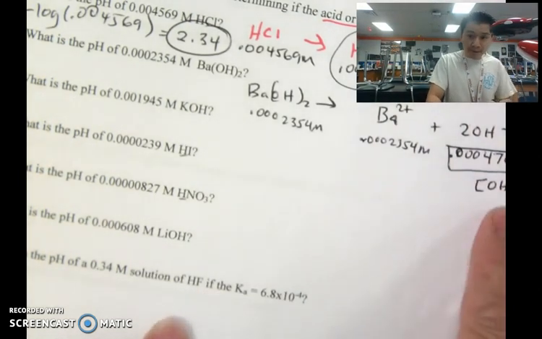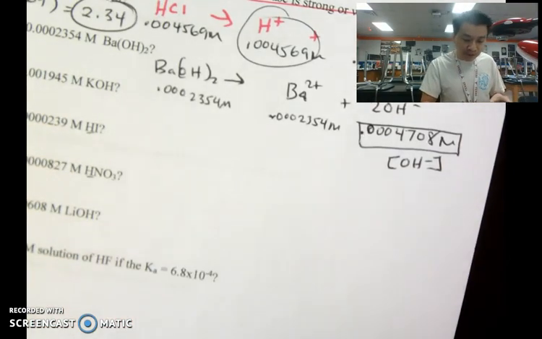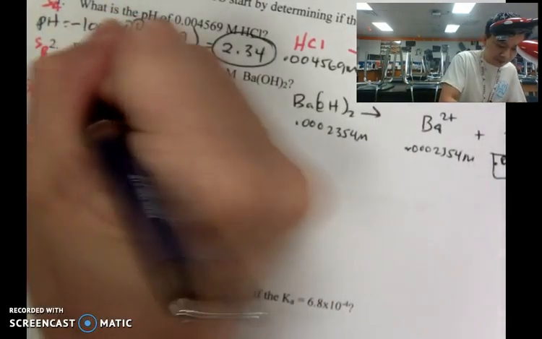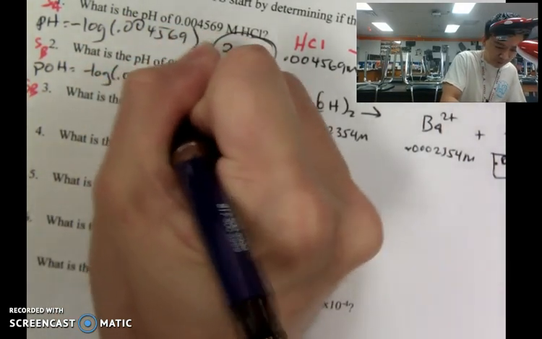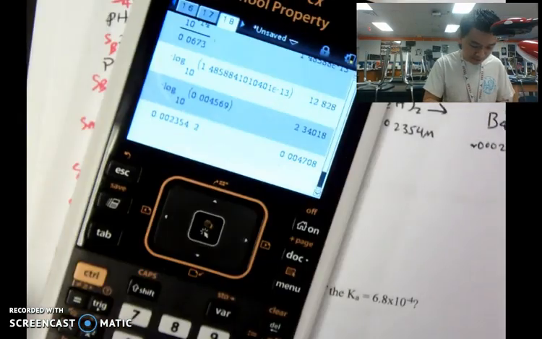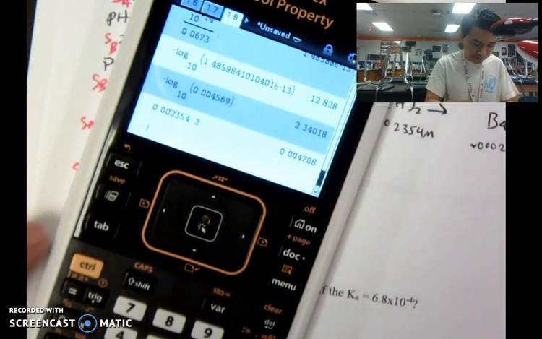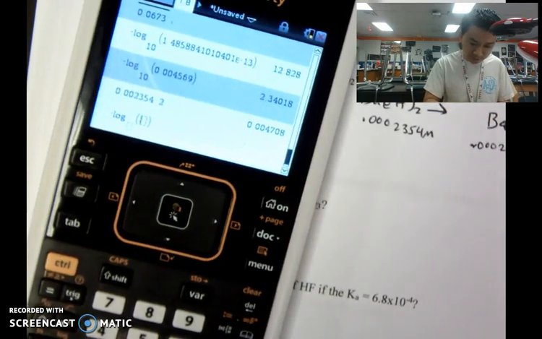So if I want to find pH, what do I need to do? I need to find the pOH, right? pOH is the negative log of 0.000478. Oh my. Negative log. Dang it, no. Negative log, skip that bottom, 0.004708.